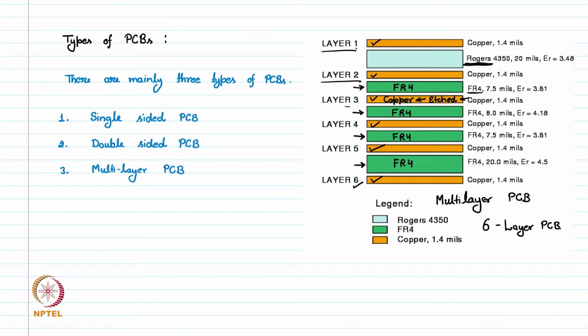Here if you note down one more thing, the dimensions here are most of the time given in mils. In PCB design, most of the time we do not work with millimeter as a unit, we work in terms of mils. So what is a mil thickness?